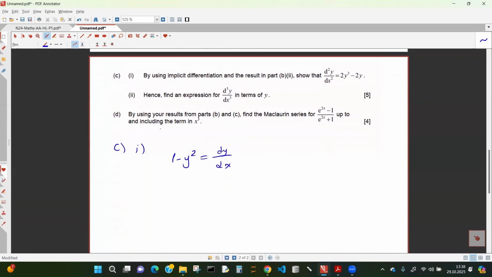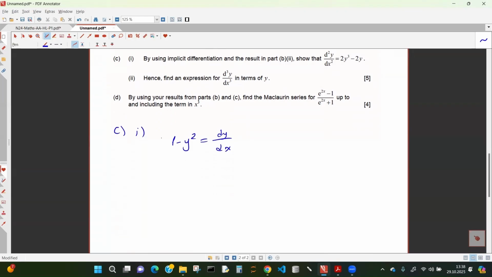So we will use implicit differentiation. We're going to apply the derivative again. Start with the constant: the derivative of the constant is 0, minus 2 times y, decreasing the power by 1, and then we're not forgetting the derivative of this function also, y prime.